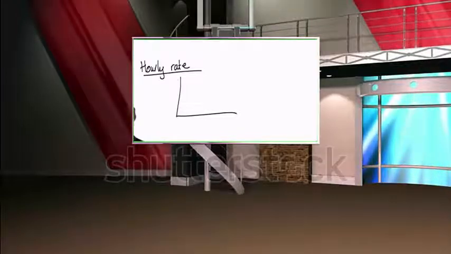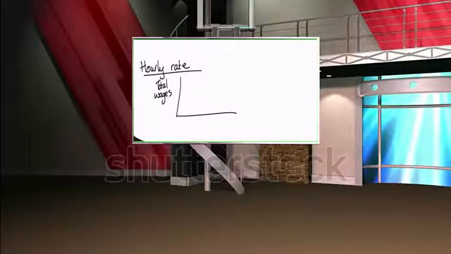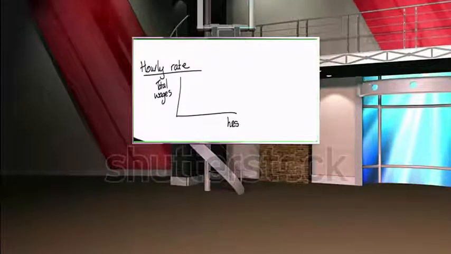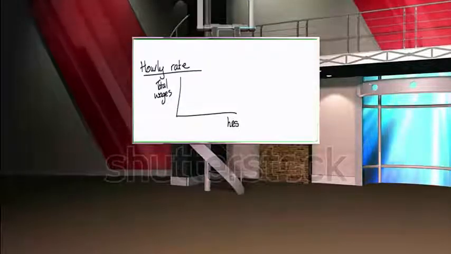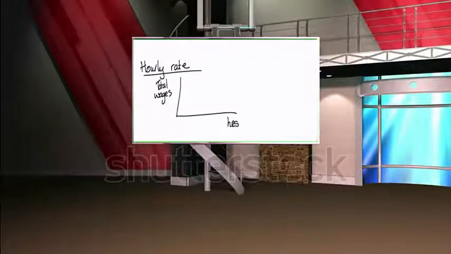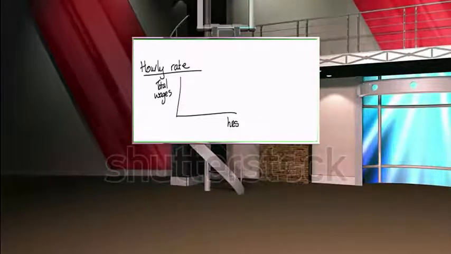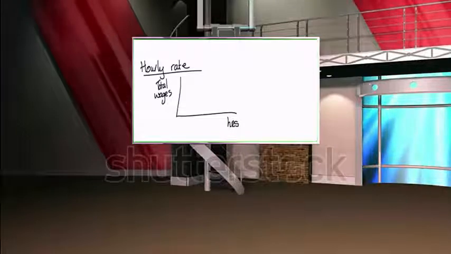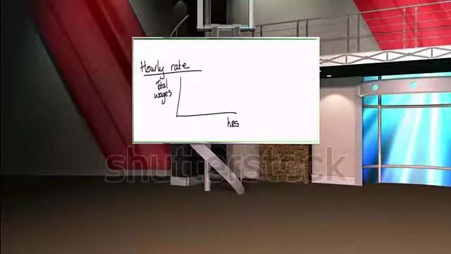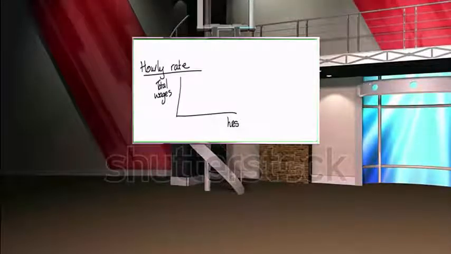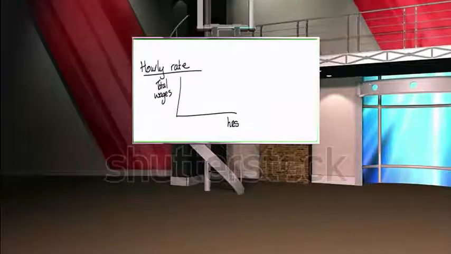On our graph, we're going to show the total wages on the y-axis and the hours worked on the x-axis. So this is very similar to the cost behavior graphs we looked at in earlier sessions, but this time our level of activity is hours worked. So our first question is then, what will this individual's total wages be when their level of activity is 0, or when they don't work any hours?